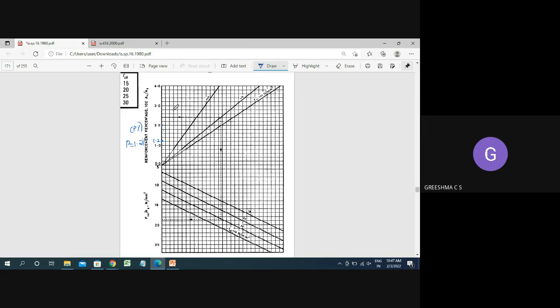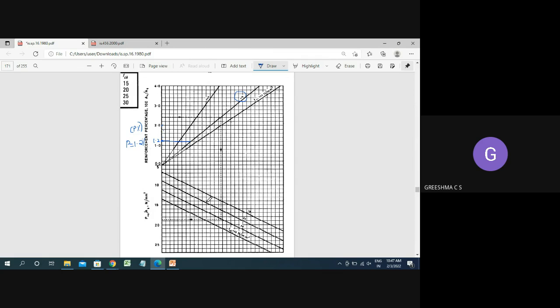Now from the 1.2 point you have to extend the line to Fe 415. Here you can see these three lines indicate the grade of steel: 250, 415 and 500. Ours is Fe 415.